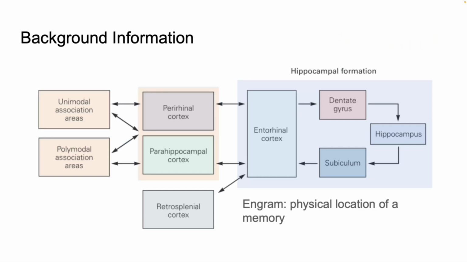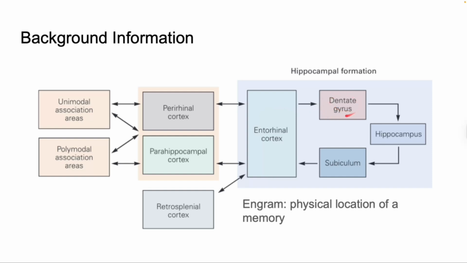So when we talk about the hippocampus, there's a couple of primary areas. We're going to talk about the entorhinal cortex, which processes sensory information both in and out. The dentate gyrus is really what's going to hold those engrams, or the physical location of a memory, and it's going to receive sensory information from the entorhinal cortex about what's going on.